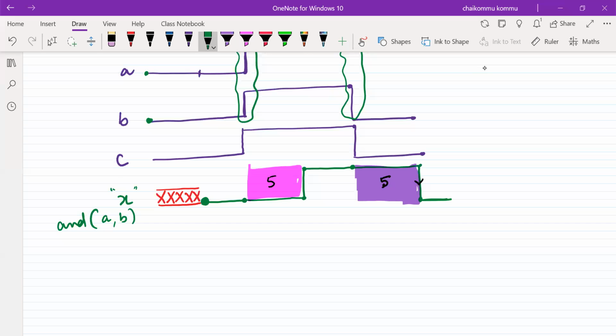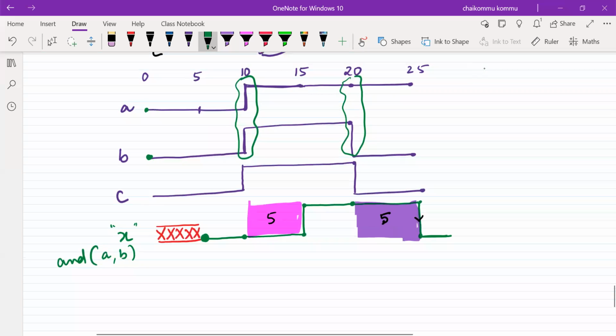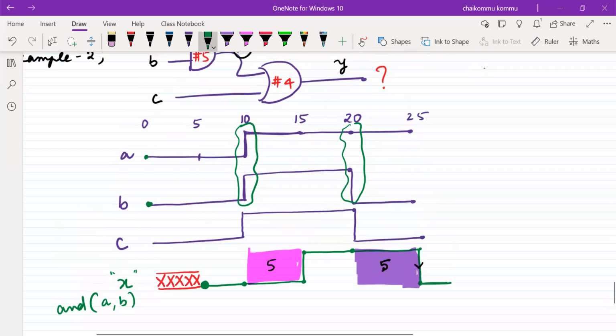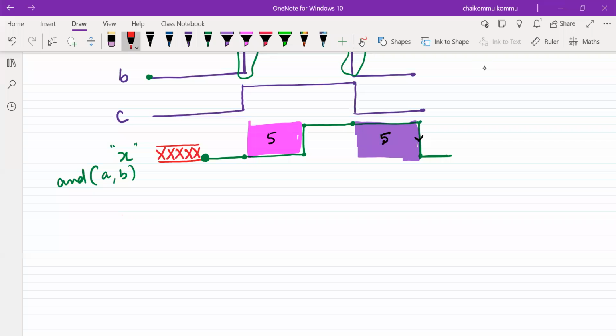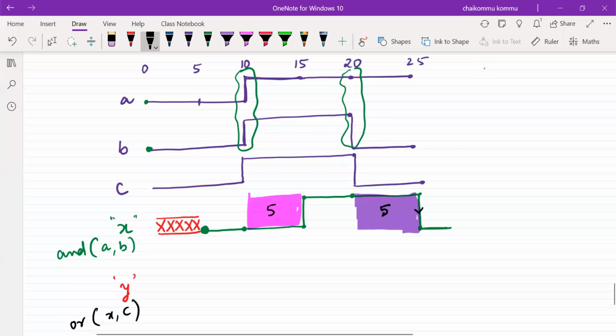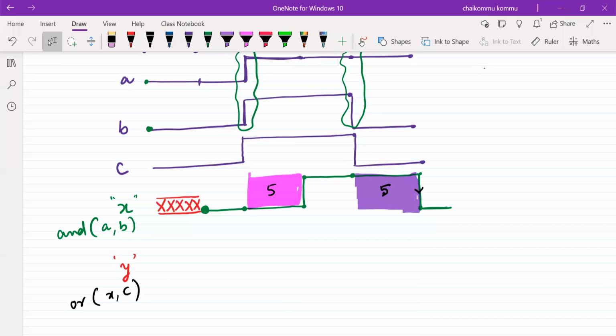Okay. Next, what about Y? Let us write Y. Should we consider the delayed X or the original X? For Y we have to take the output X and C. For X, we need to consider the delayed version only. Whatever X value we got, that value only we need to consider.